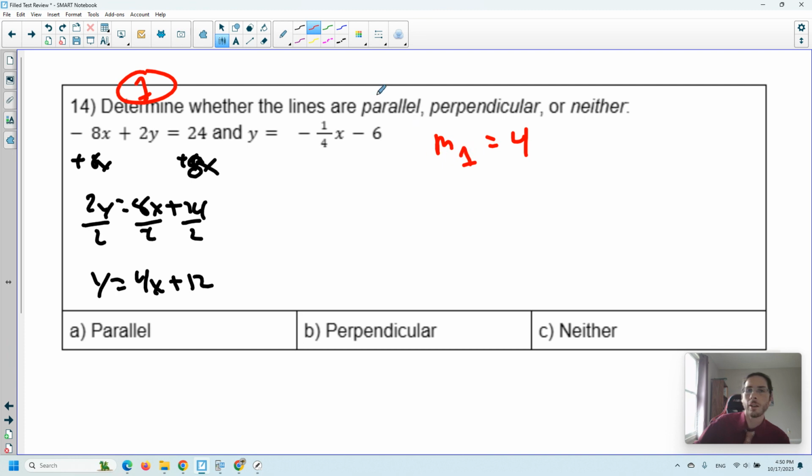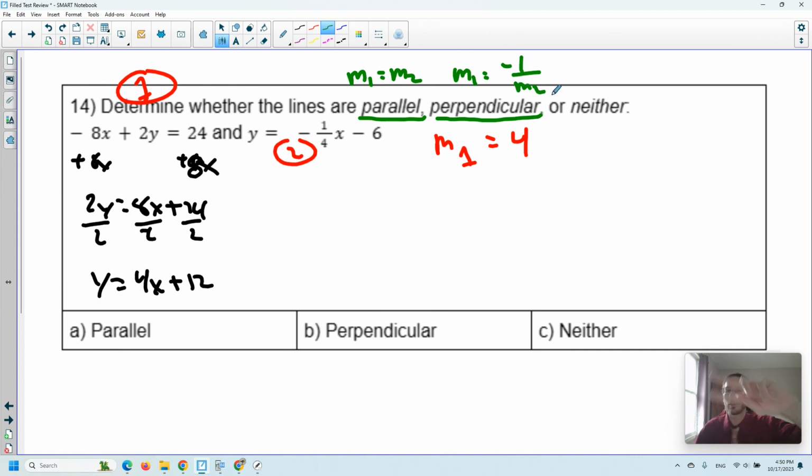Now, if they're parallel, so remember the definition for parallel, we have m1 equal to m2. I'm going to call this one equation 2. If they're perpendicular, the rule is m1 is equal to negative 1 over m2. So that's where we're going to flip the slope and switch the sign.